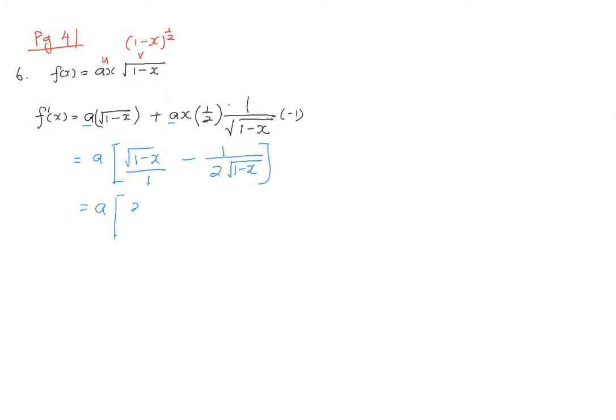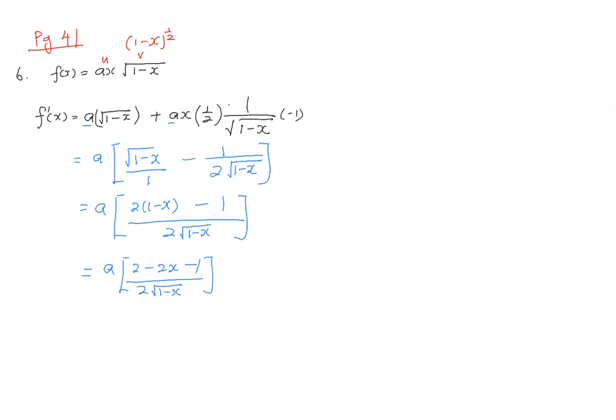So here will be 2 times 1 minus x, minus 1 over 2 root 1 minus x. So I will have a, 2 minus 2x minus 1 over 2 root 1 minus x.